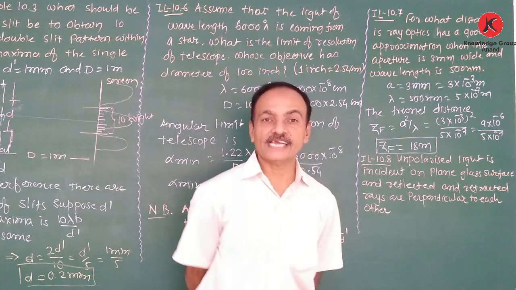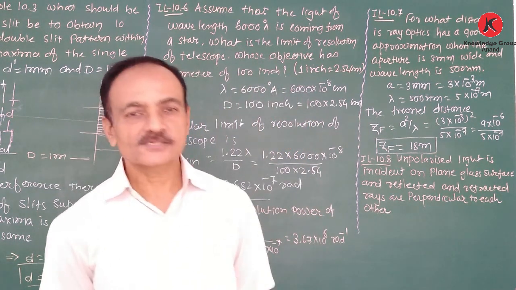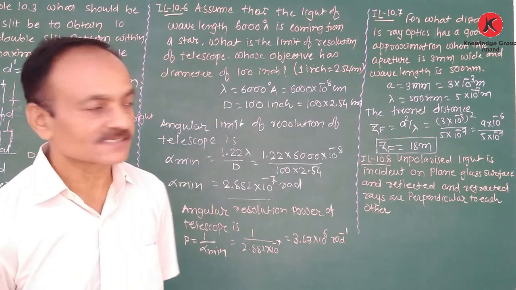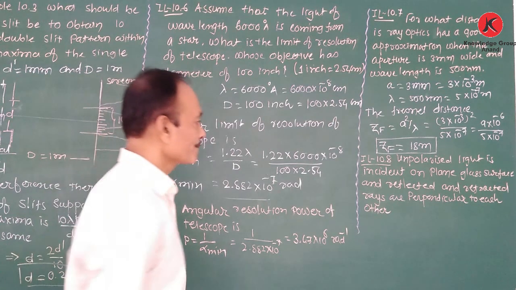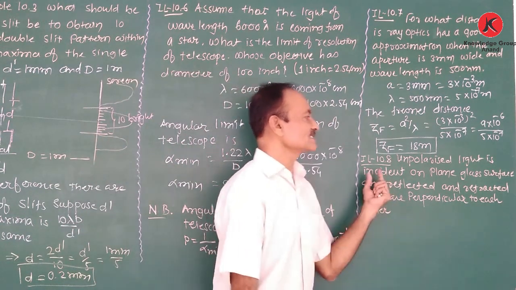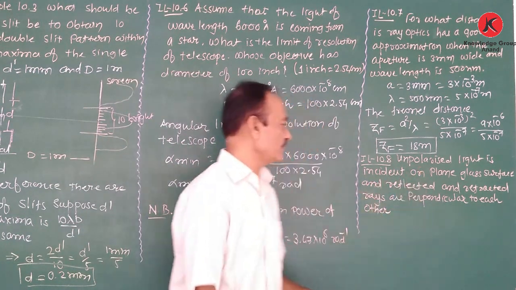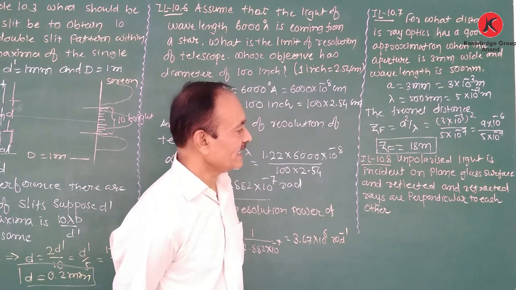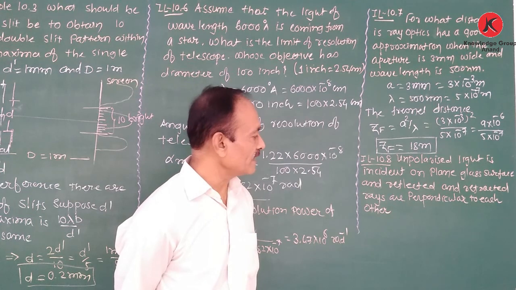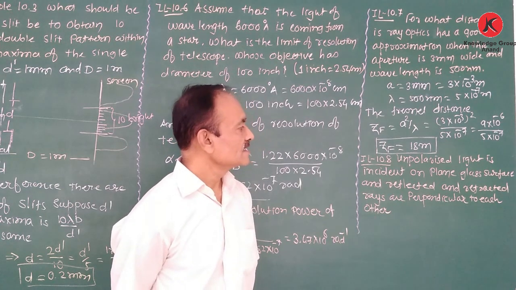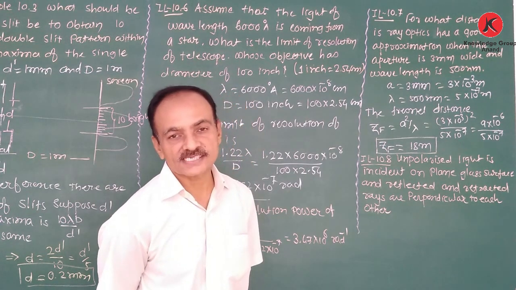After that, 10.8. Also the same type of numerical we discussed in exercise 10.9, I think. Okay. Unpolarized light is incident on a plane glass surface, and the reflected and refracted rays are perpendicular to each other. So, what is the Brewster's angle?